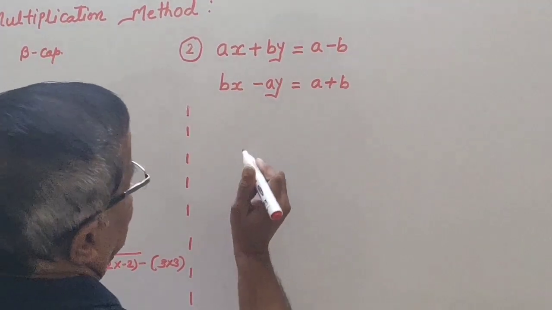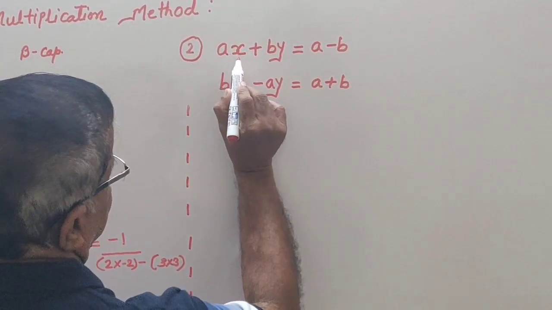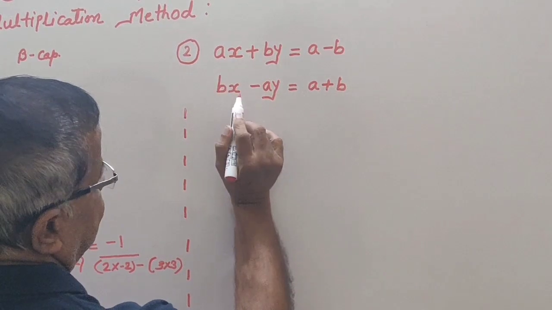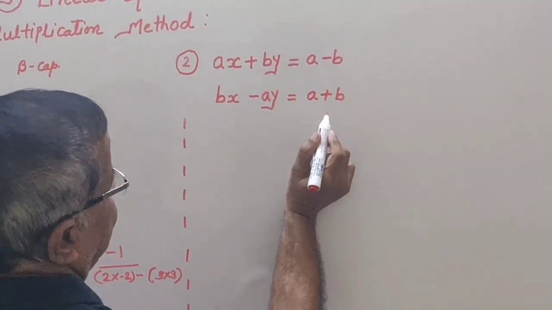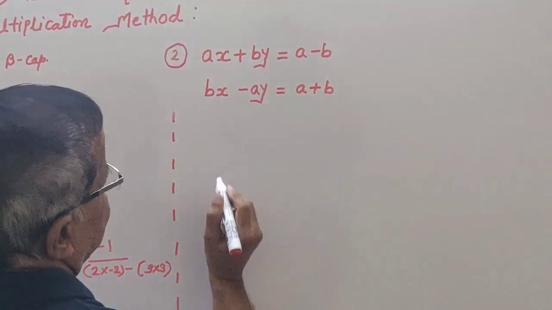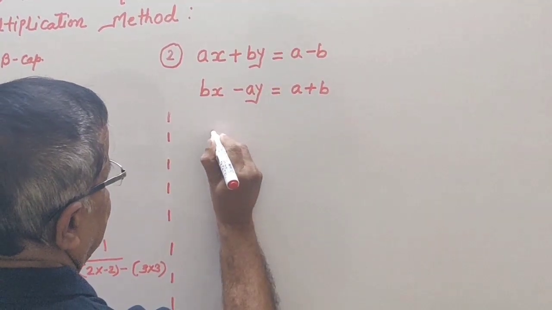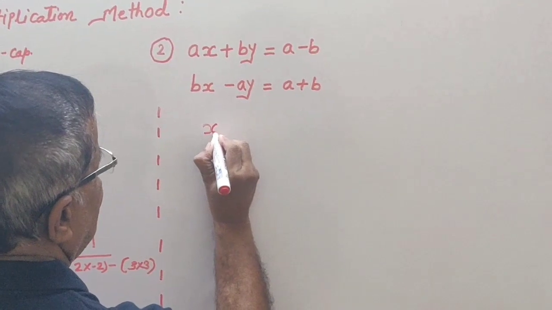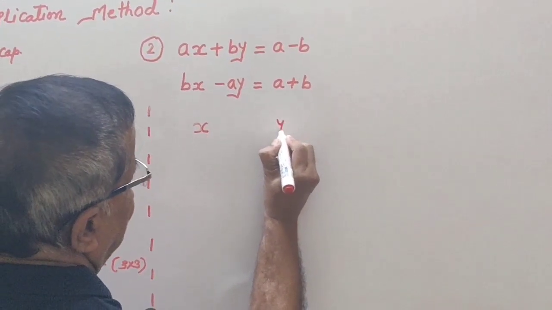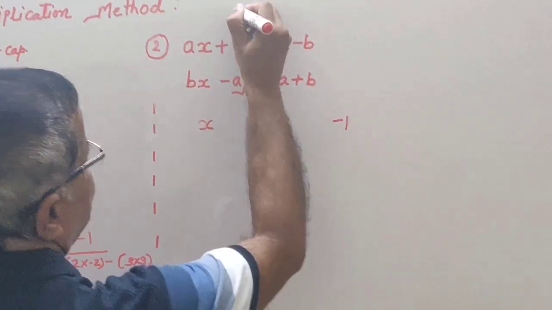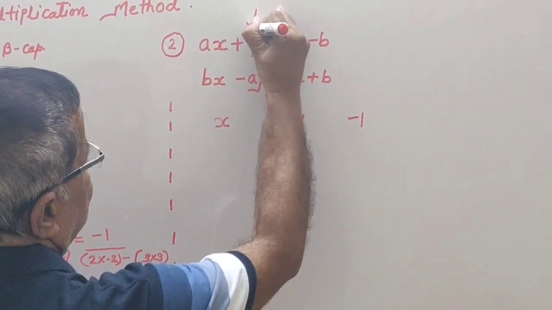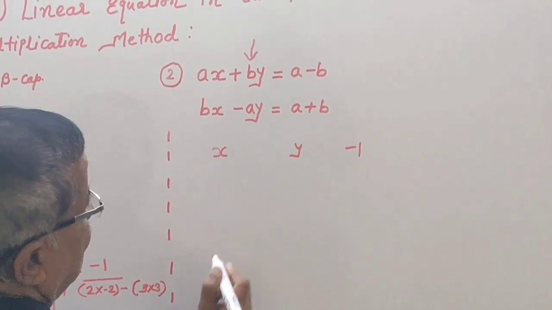Problem number 2, in which the coefficients of x and y are given as variables a and b, and the constant is also in the form of a minus b and a plus b. For this we start with writing x, y and minus 1. Now from which will I start here? From the coefficient of y.